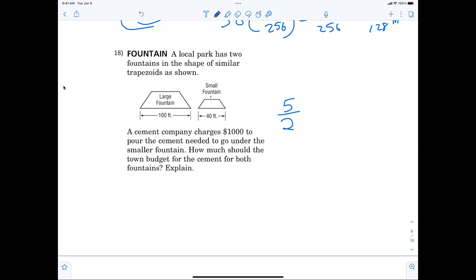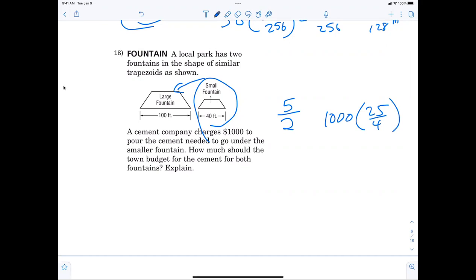Yeah. So then it says a cement company charges $1,000 to pour cement needed to go under the smaller fountain. So how much could you tell the person if you want to build a larger one? 1,000 times 25 over 4.